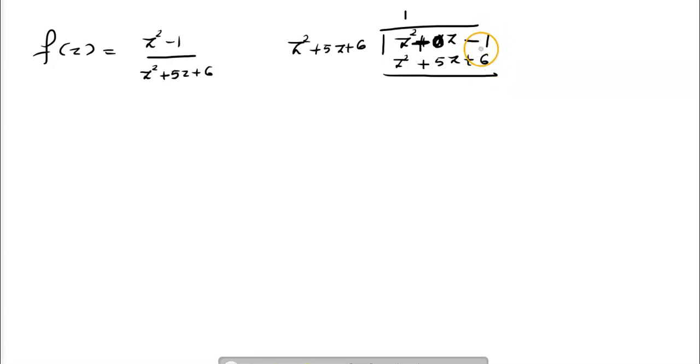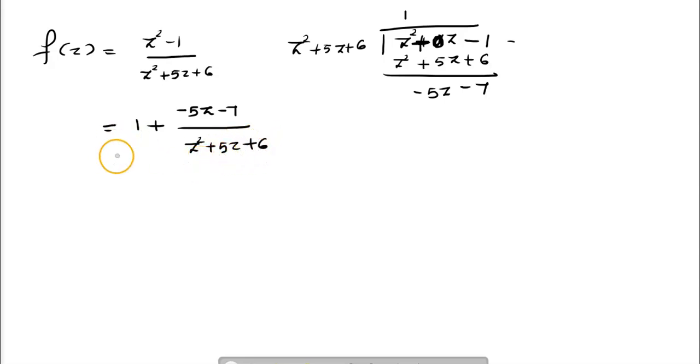Now subtract: −1 − 6 is −7, and 0z − 5z is −5z, and z² minus z² cancels. So we can write it as 1 plus the remainder (−5z − 7)/(z² + 5z + 6). Taking the minus common outside, this is 1 − (5z + 7)/(z² + 5z + 6).